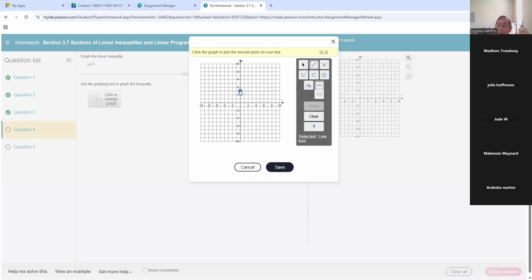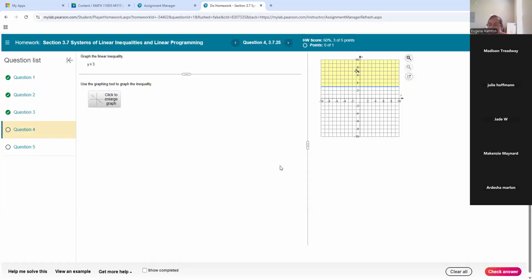So there's 1 point. And then you would go either left or right and click another point. Now this one was greater than, so I grab my paint can and shade above. So at that point, y'all, you would save that and be done.